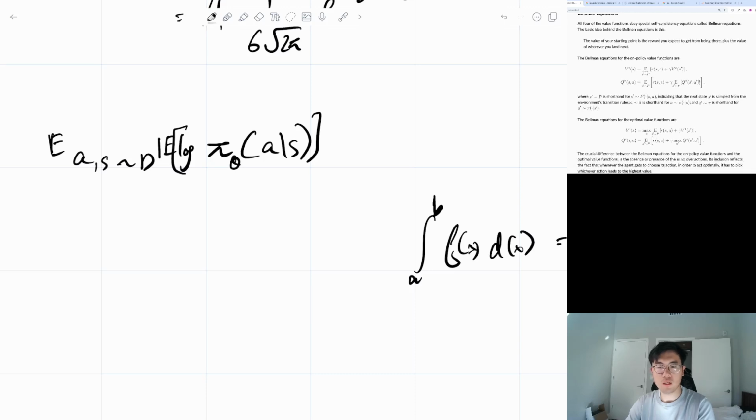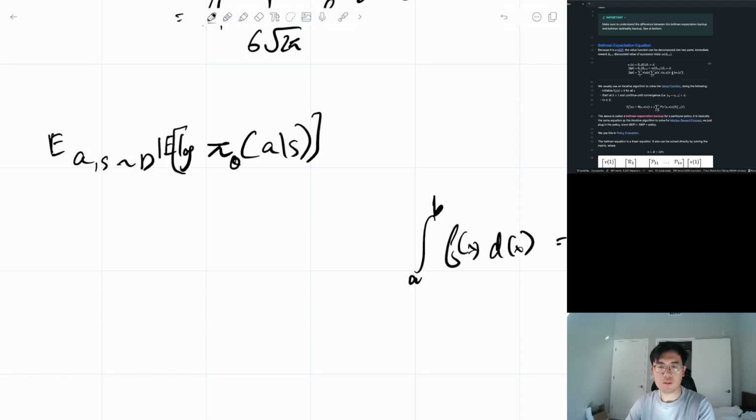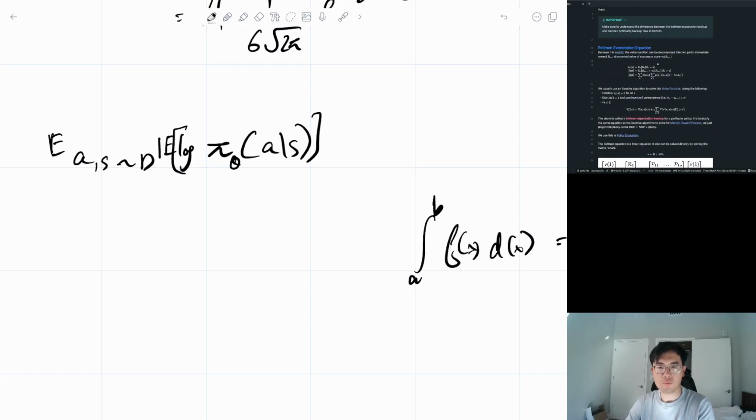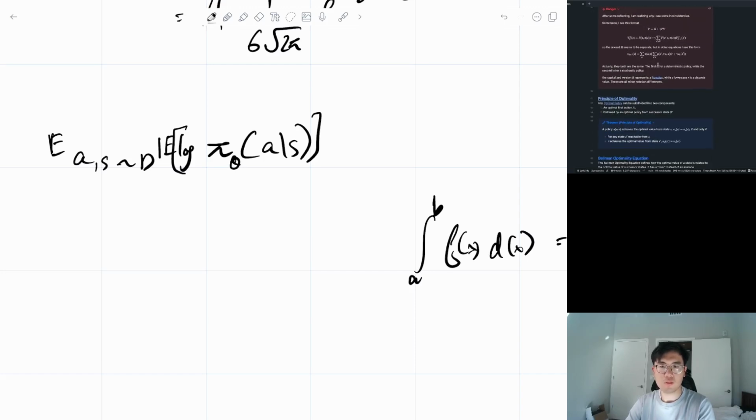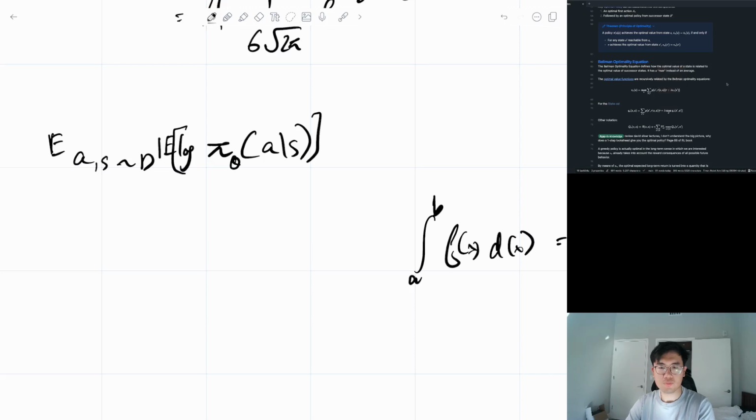I think actually I like this better because it's sampled from pi, and this is the expanded version of this. I think I should write the non-expanded version.